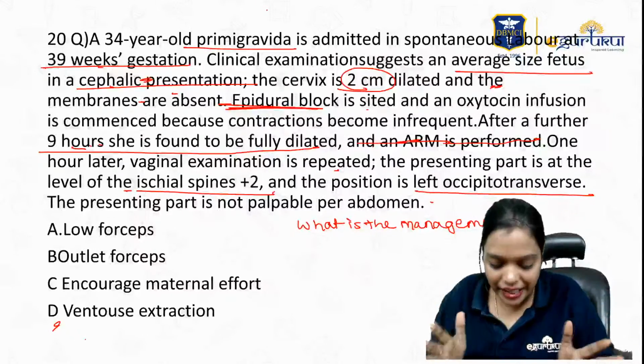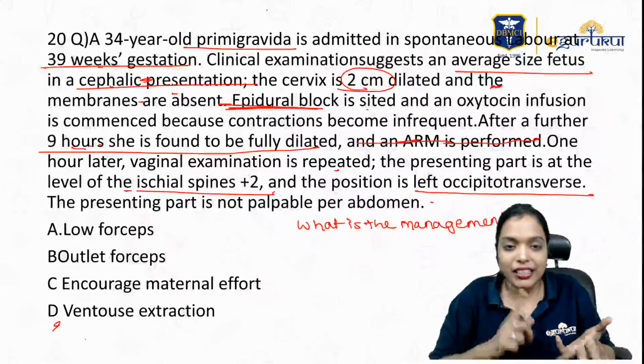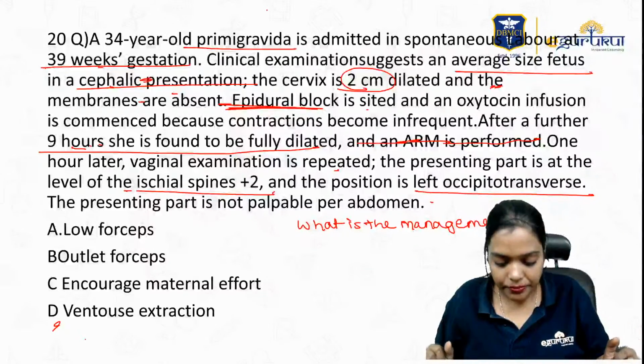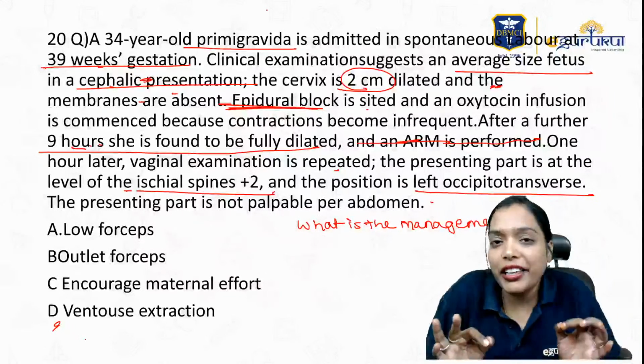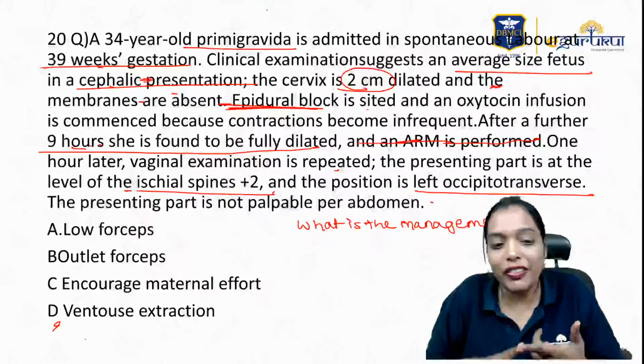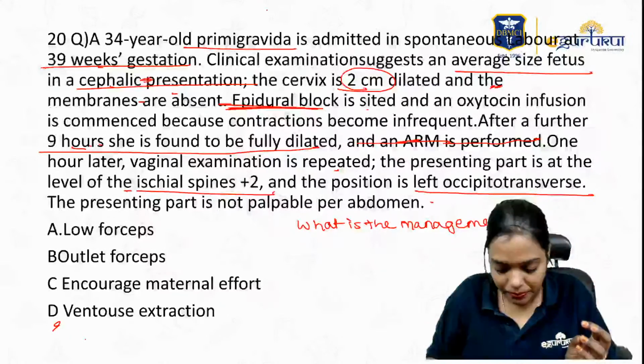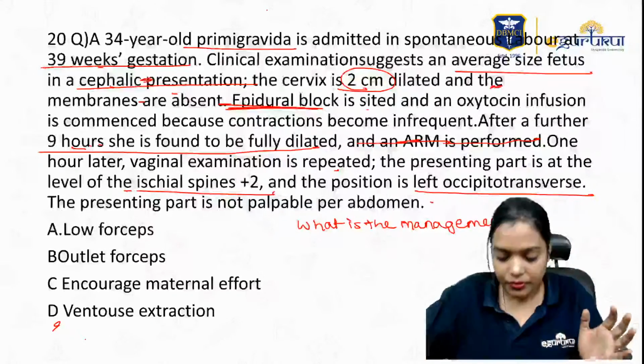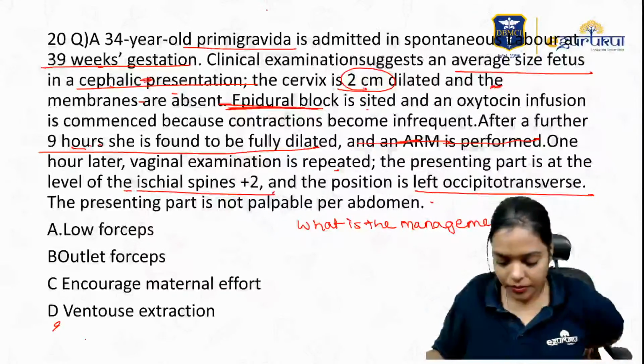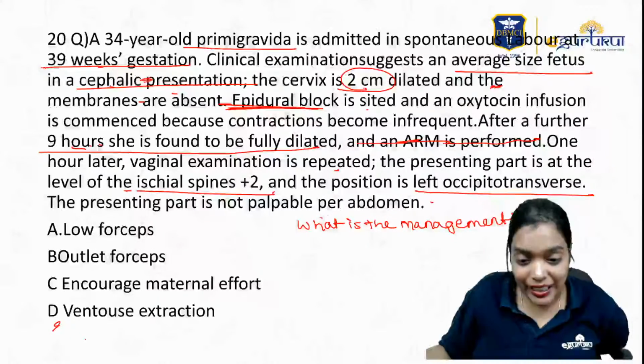So she is in which stage of labor? First stage, second stage, or third stage? Wonderful thing is, all of you have answered between A, B and D. She is in second stage.